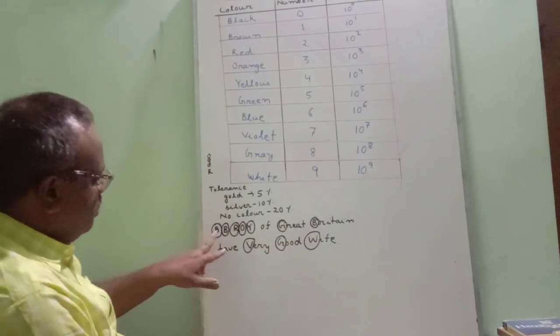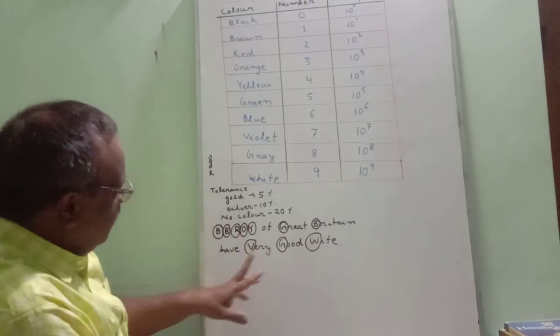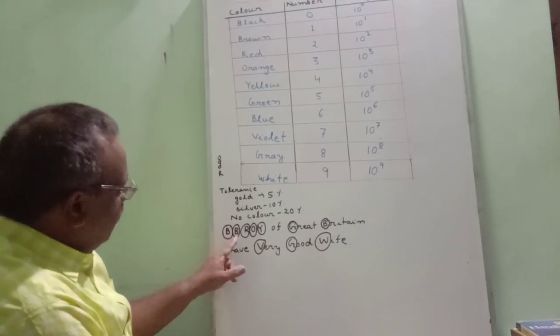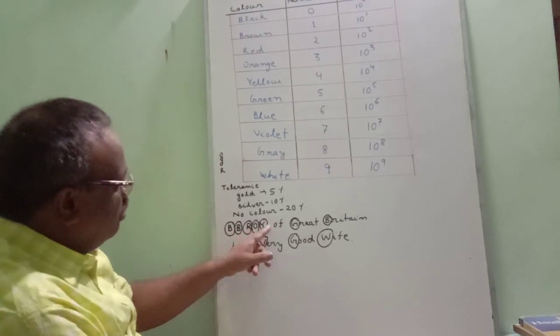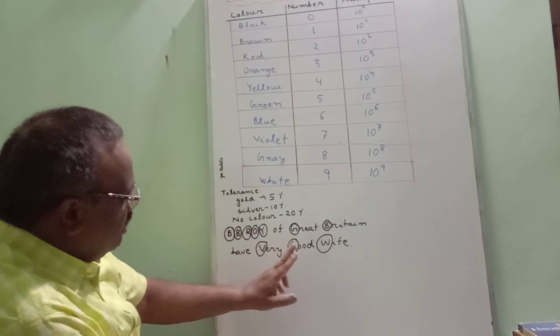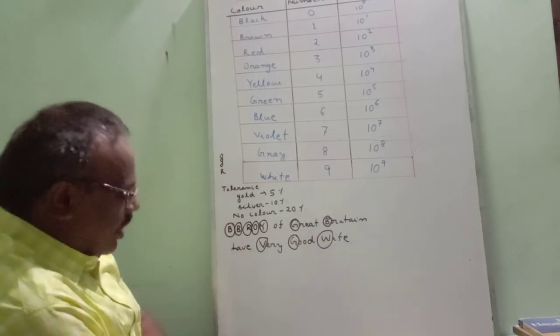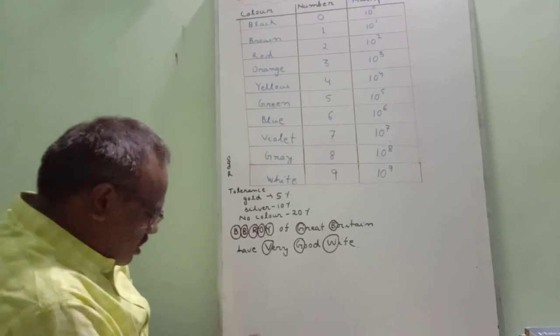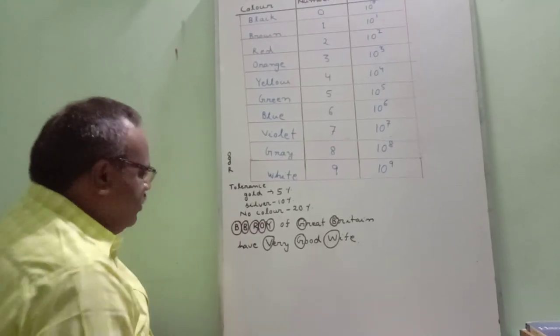So it is B B Roy of Great Britain has a Very Good Wife. This is black, brown, red, orange, yellow, green, blue, violet, grey and white. You can remember it in any way.